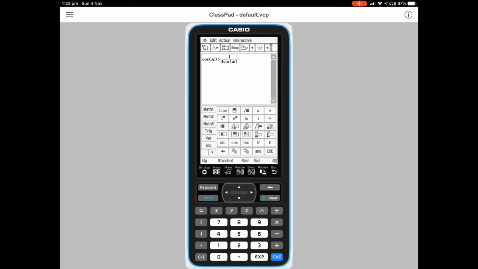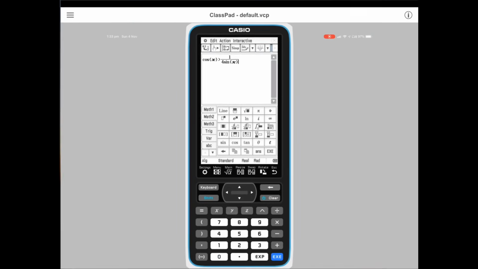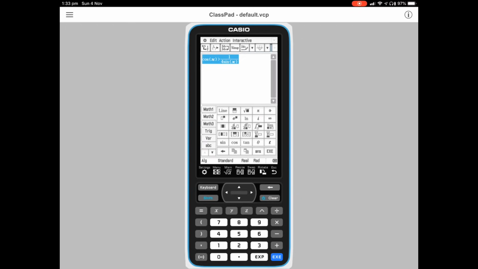What's that between 0 and 2 pi? Solve. Given 0 is less than x, which is less than 2 pi.